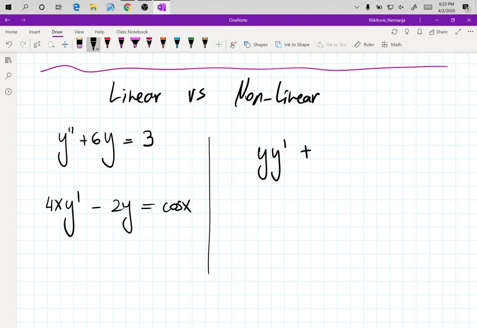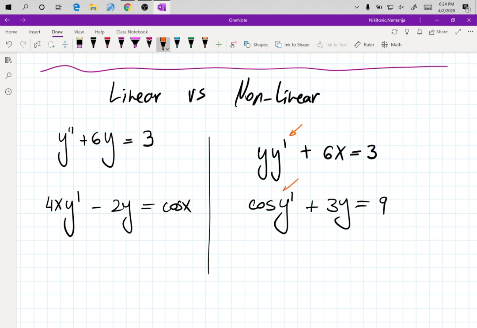What are the nonlinear cases? y prime plus 6x equals 3. See that term? Yep, it ruins it for everyone. You can also have cosine of y prime plus 3y equals 9. So actually I'm just going to point to the bad terms, right?